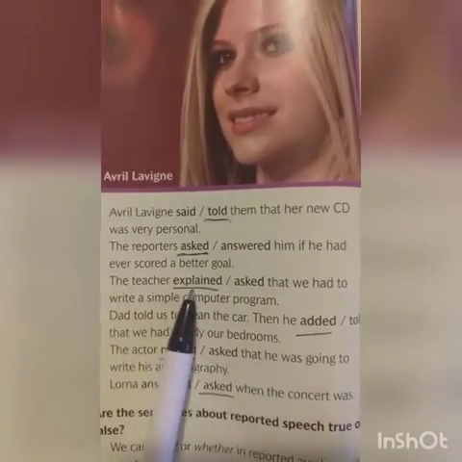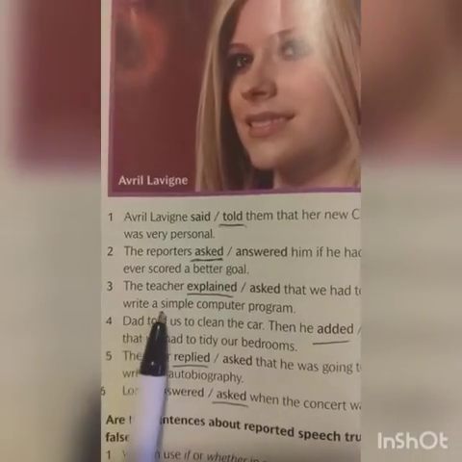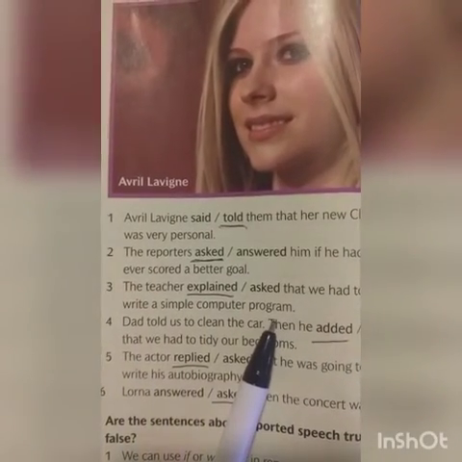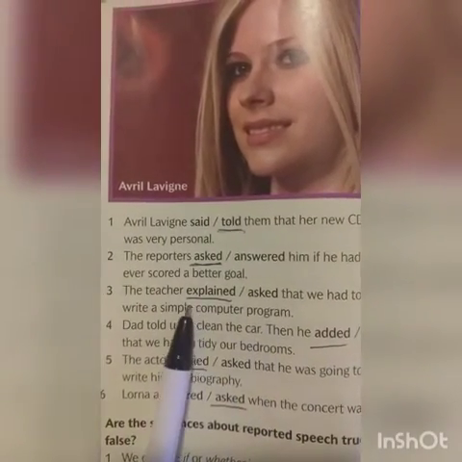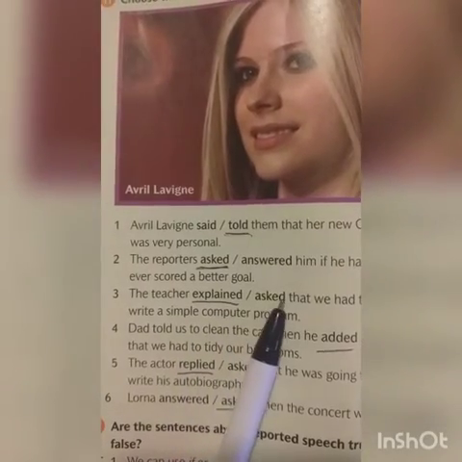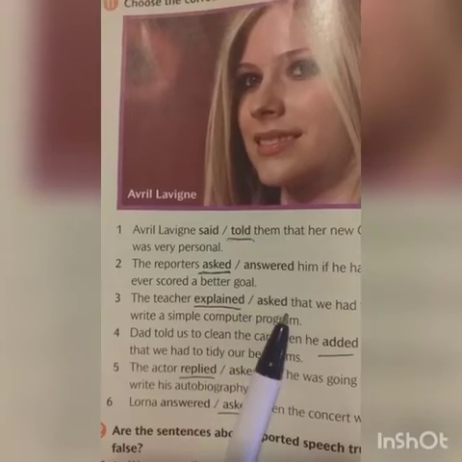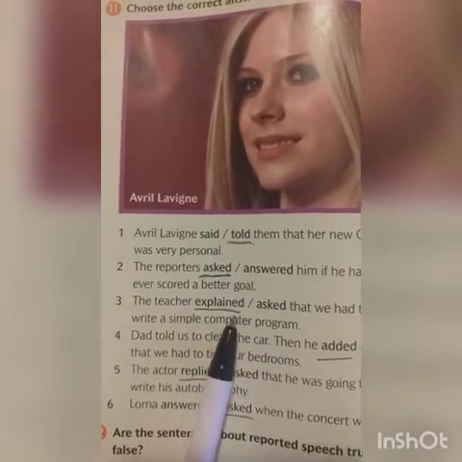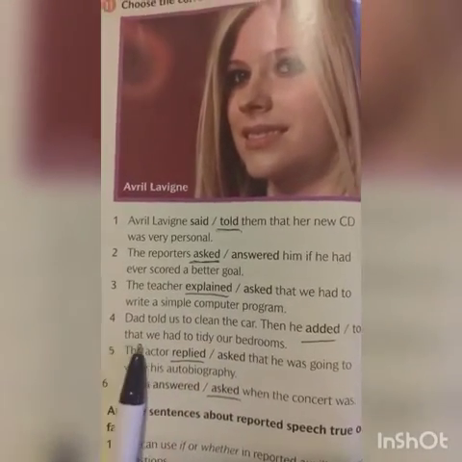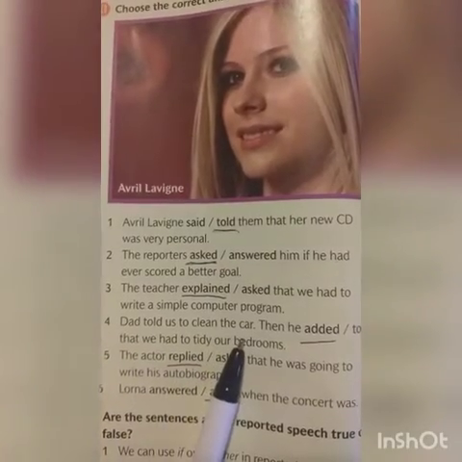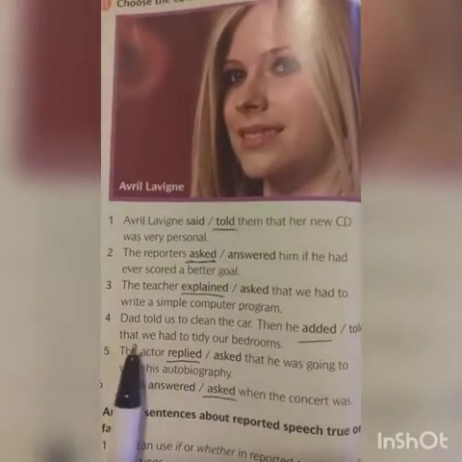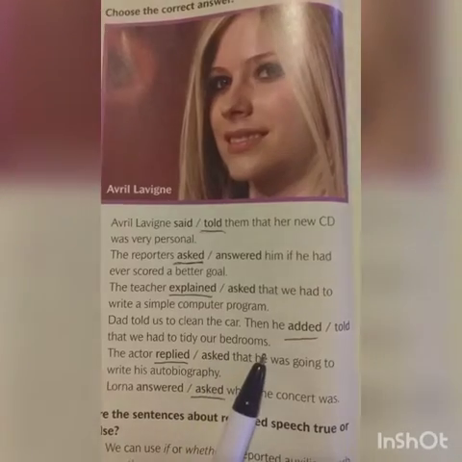Number 3, the teacher explained that we had to write a simple computer program. And this is a reported statement and not a reported question. So we don't use the reporting verb ask, we use the reporting verb explain. Number 4, Dad told us to clean the car. Then he added that we had to tidy our bedrooms.